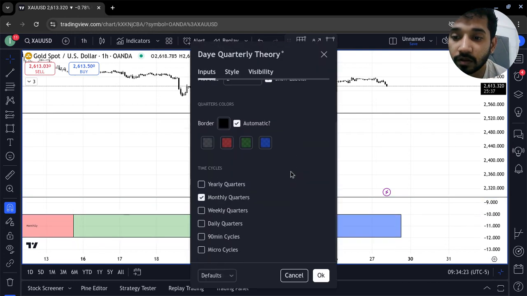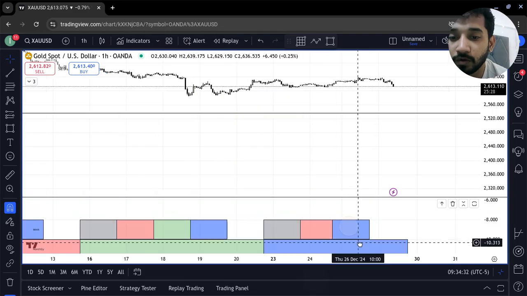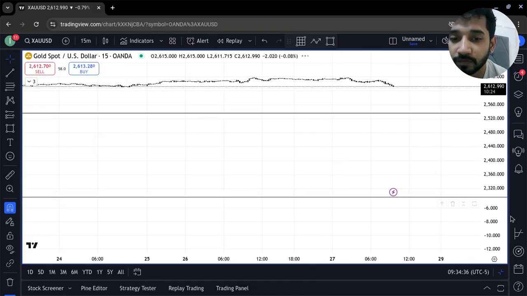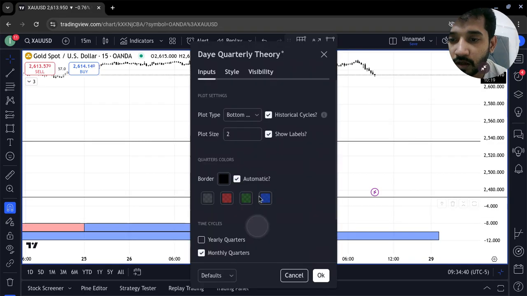Sorry, yeah, if you're on a 1-hour time frame, you need the weekly cycle. And if you're below the 1 hour, say the 15-minute time frame, remember this, because it's really important that you understand time frame alignments.